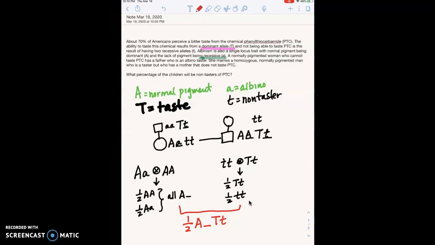And then 1/2 is going to be big A something and then little t, little t. Okay? And that gives you the pigmented taster. And then here, this gives you a pigmented non-taster.